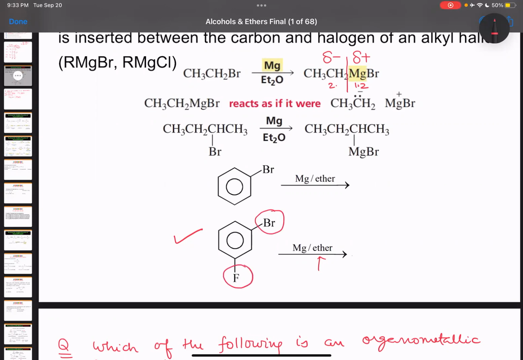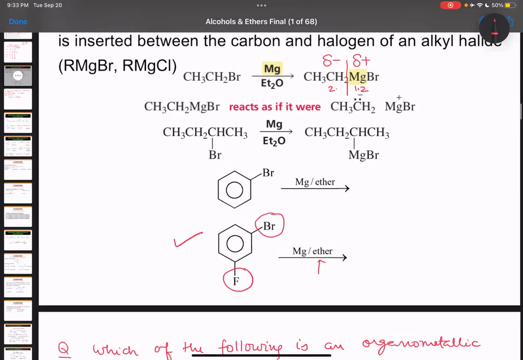Which one is going to form Grignard, or both? Am I going to make MgBr or MgF or both? MgBr, sir. Yeah, MgBr. Why?